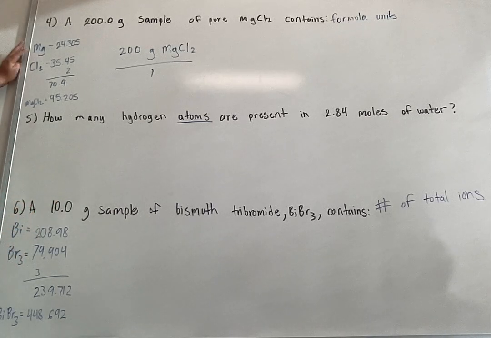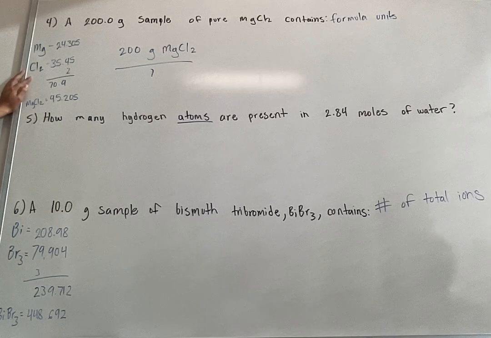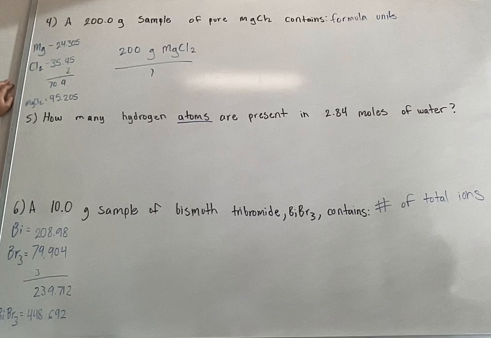So here I've got magnesium weighing in at 24.305, and you can get this number from your periodic table. Then Cl2, well, if we look at Cl on the periodic table, it says 35.45, but there's actually 2 Cls or chlorines. So that means you have to multiply 35.45 times 2.